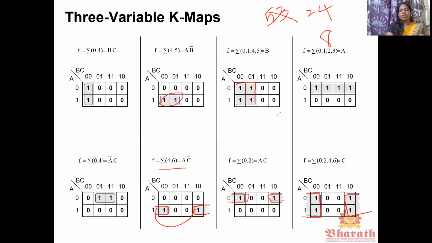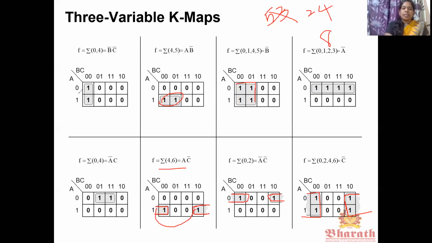After grouping, we have to find out the algebraic expression. For finding out the algebraic expression, take this as an example. So see the row and column. If you have only a single column or single row, just take that term. If you are having more than one, we have to see the same number or same variable.